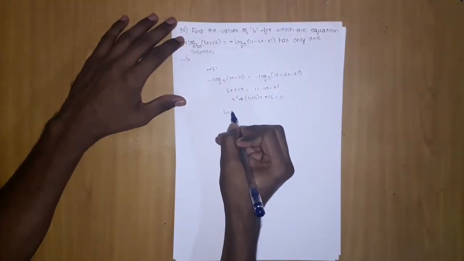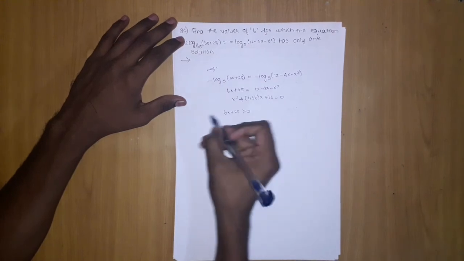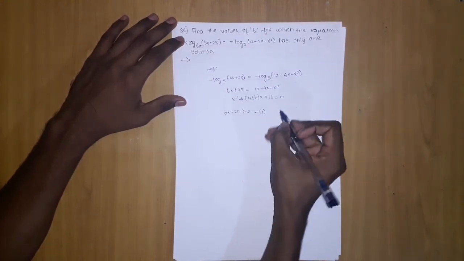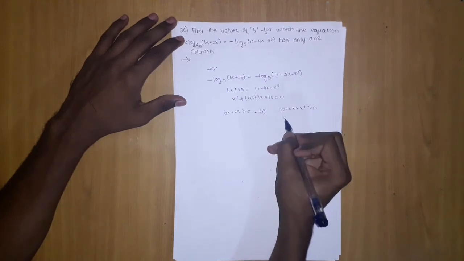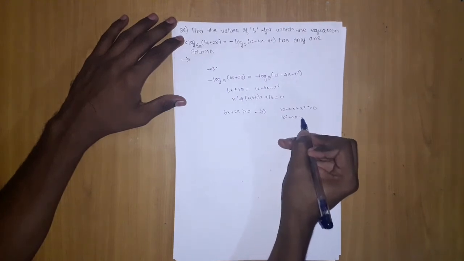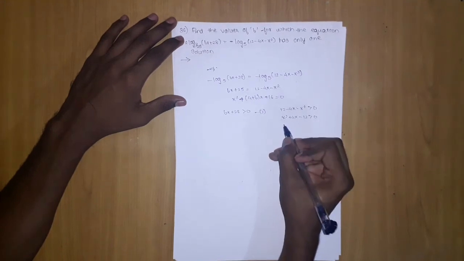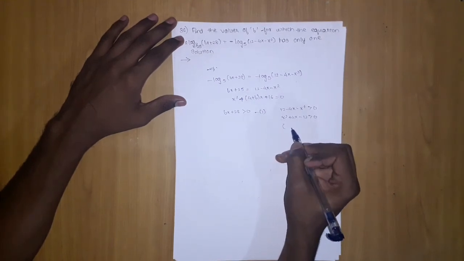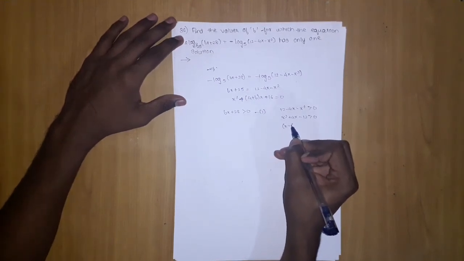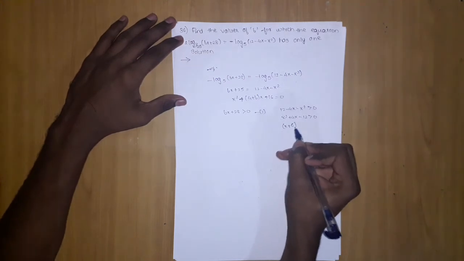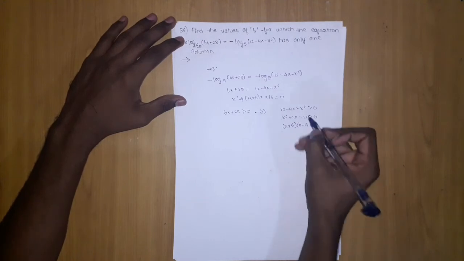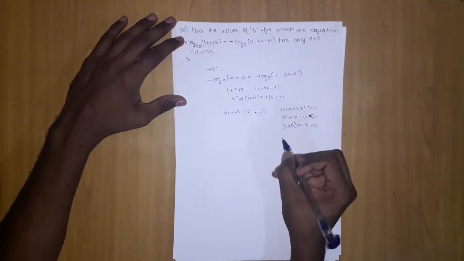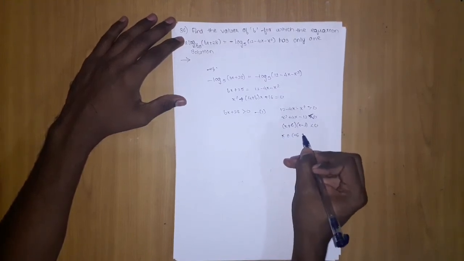So bx plus 28 should be greater than 0, one condition, and the other condition is 12 minus 4x minus x square should be greater than 0. So we can write x square plus 4x minus 12 should be less than 0, which will be x plus 6, x minus 2 should be less than 0. So x belongs to minus 6 to 2.